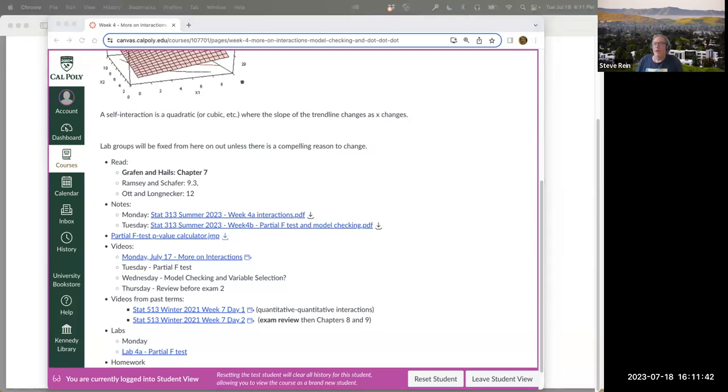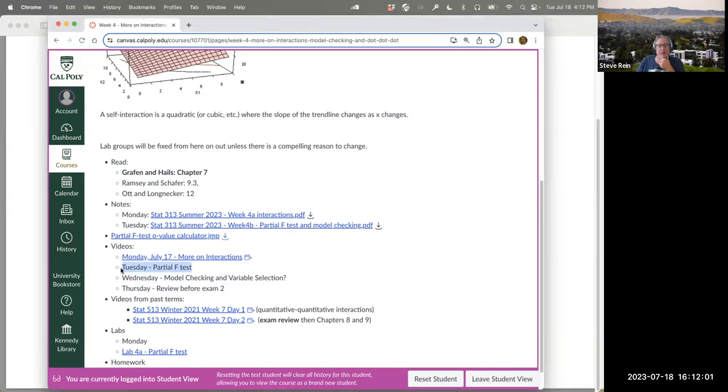And with an exam coming up and next week being the last week, where exactly things can fall best into the course timing-wise is going to be a little bit on the variable side.